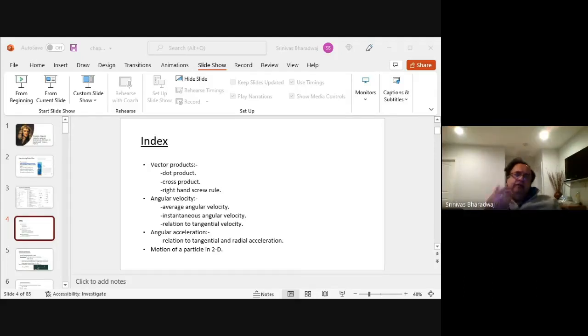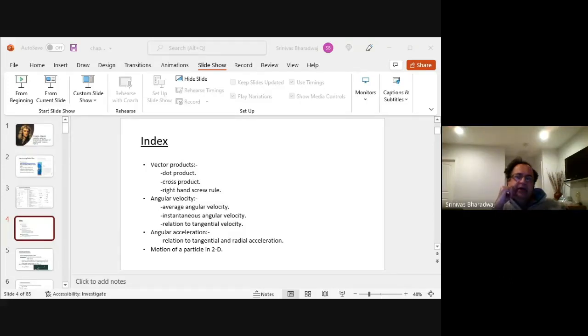Inertia is related to the idea of mass, right? So the moment of inertia is the equivalent of mass. It is denoted as integral r square dm. Non-uniform circular motion is when you have an a_t as well.